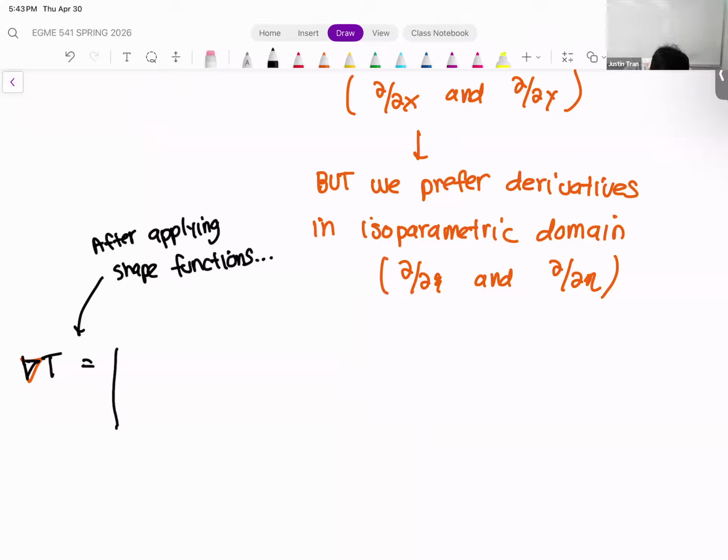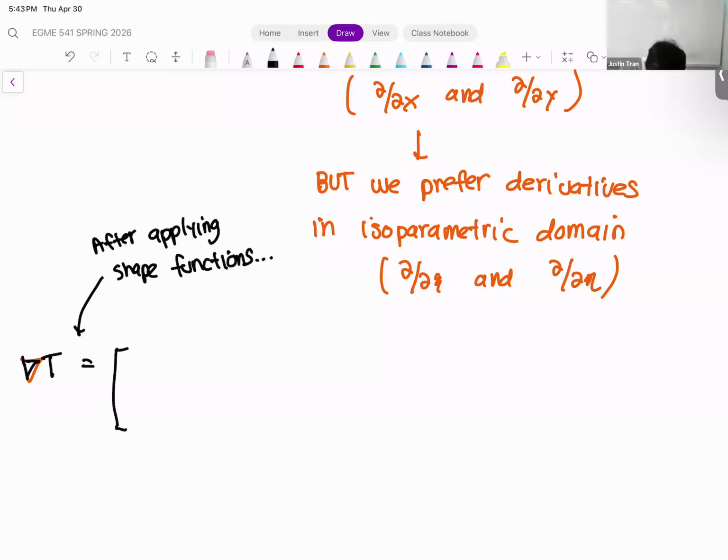When you apply shape functions and the nodal solutions, any derivatives that you take get shifted onto the shape functions themselves, because the nodal solutions don't depend on anything. They're essentially constants. But our shape functions do vary in space, at least within the element itself.